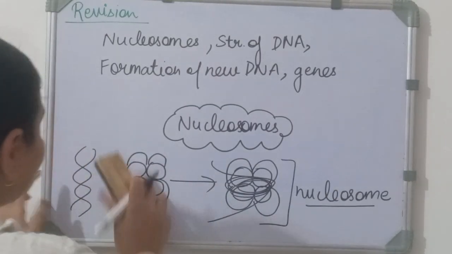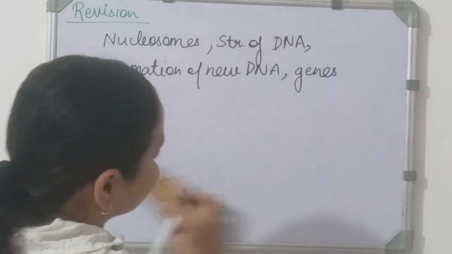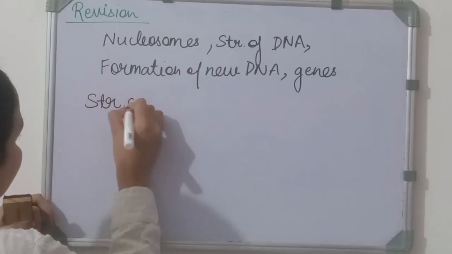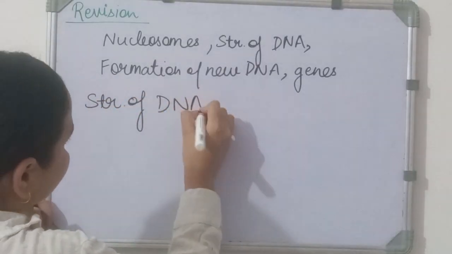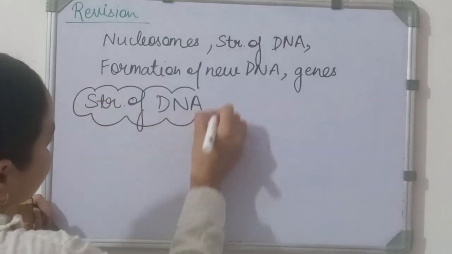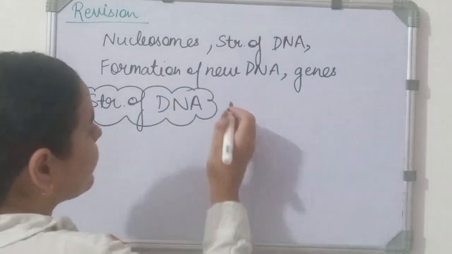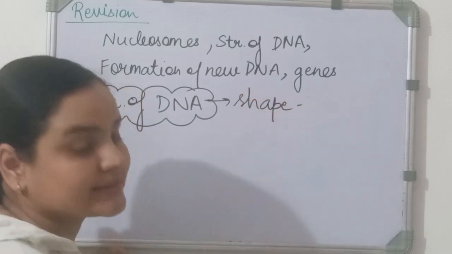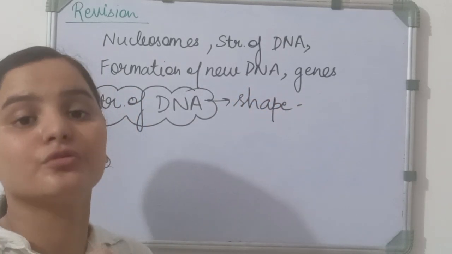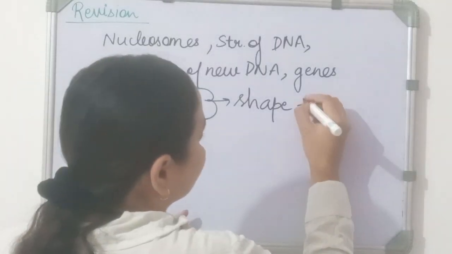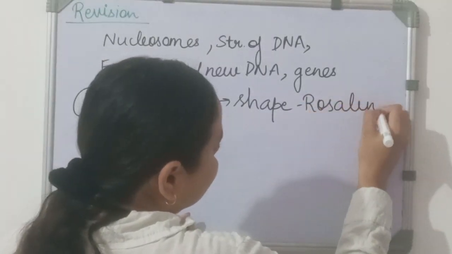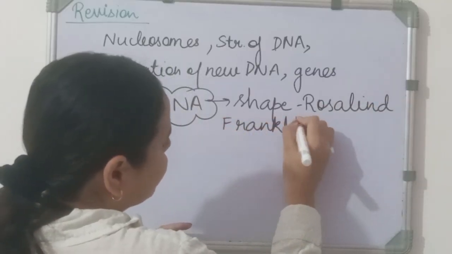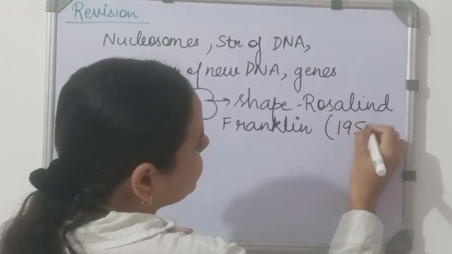Now let's revise structure of DNA. We studied that the shape was studied by a scientist called Rosalind Franklin, in 1953.